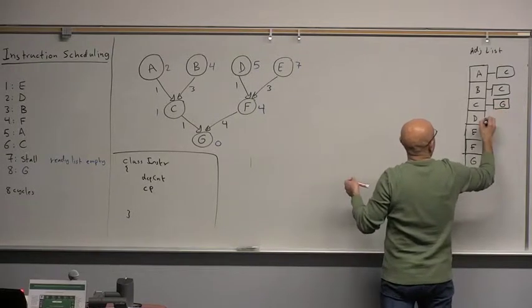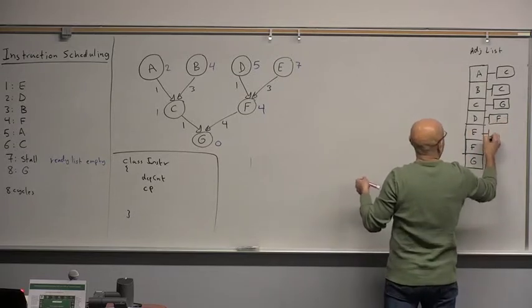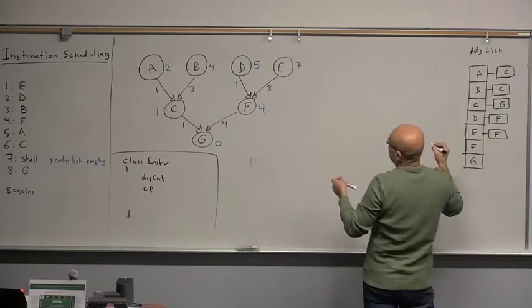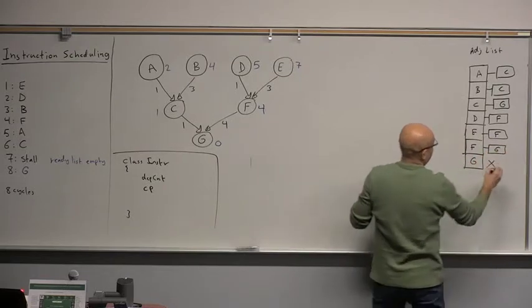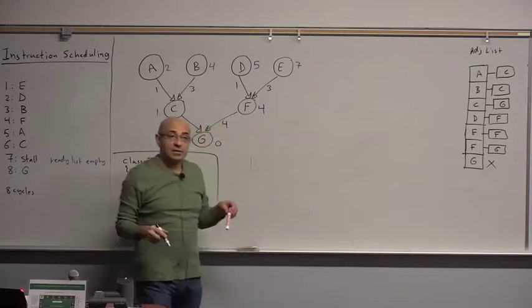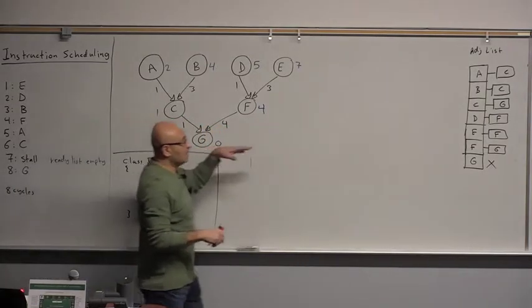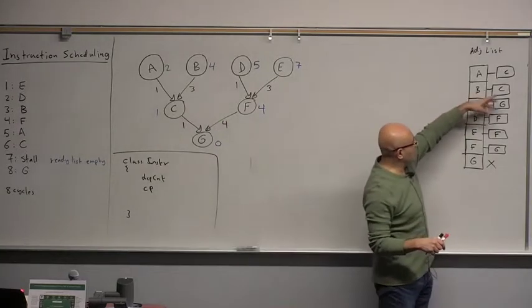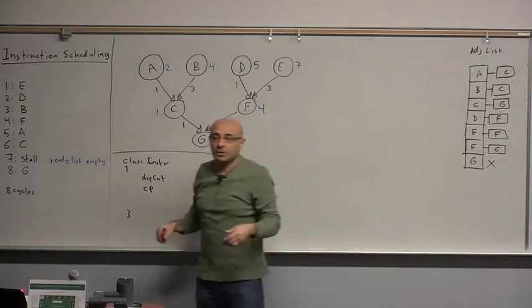G. For D, F. And for E, F. And for F, we have G. And G doesn't have an adjacency list. So this is the adjacency list. Of course, this is a simple example. So the adjacency list of each node has only one item in it, but in general it will have multiple items.